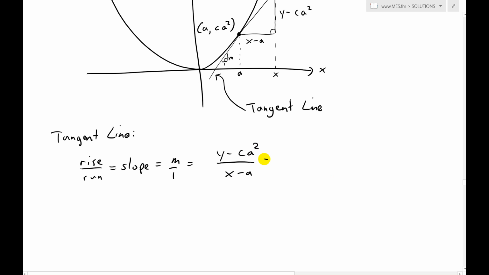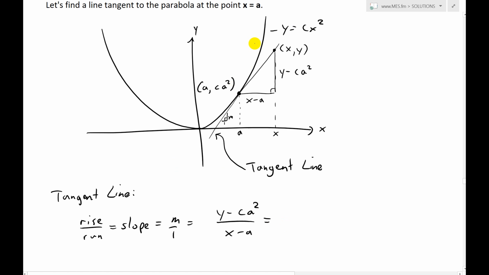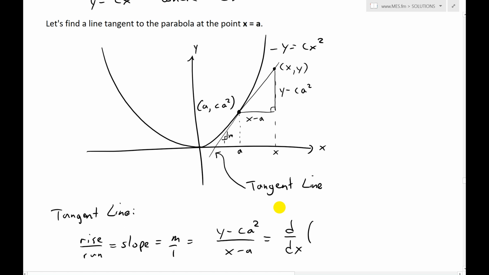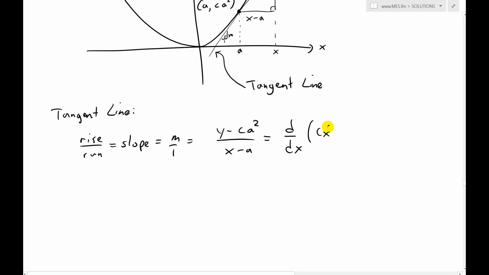Now this equals the derivative of this parabola, d over dx of cx squared, at x equals a.